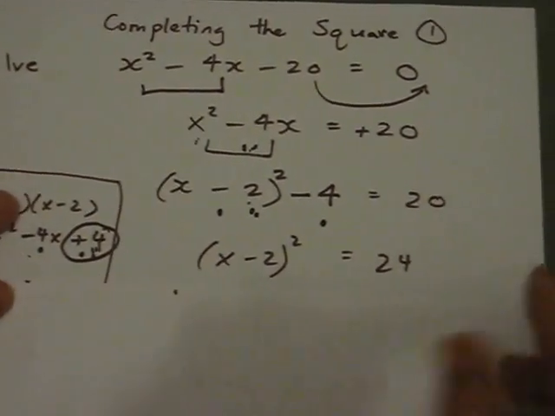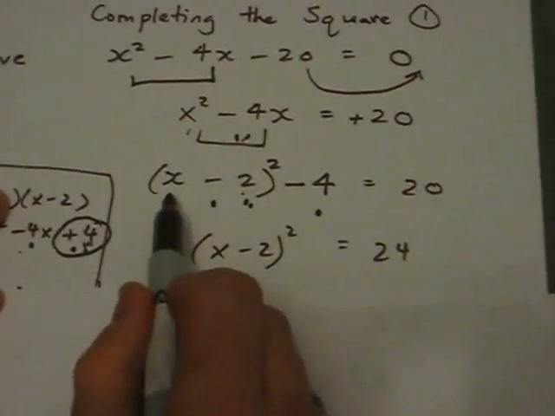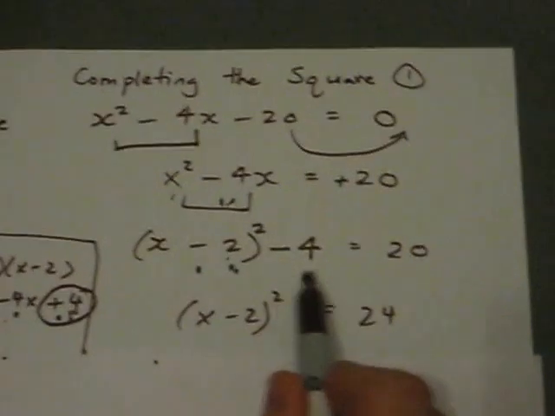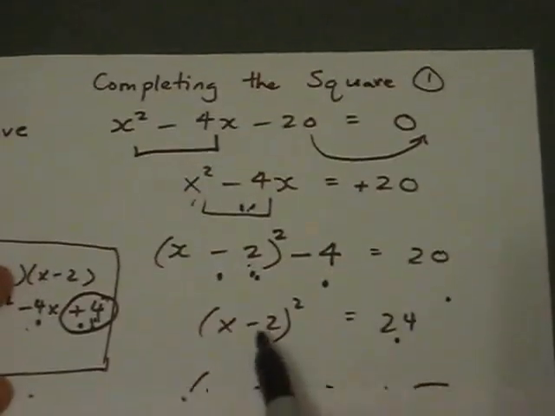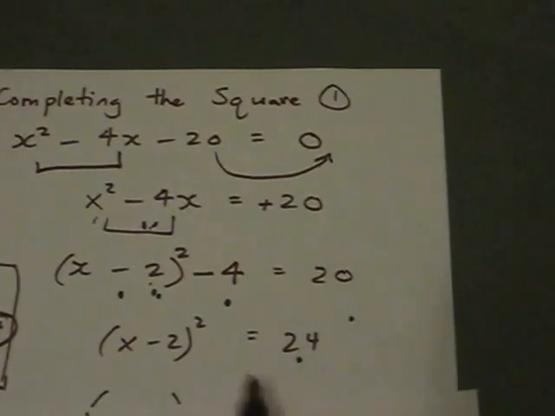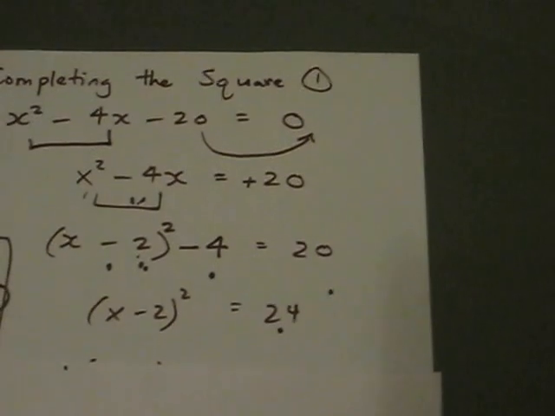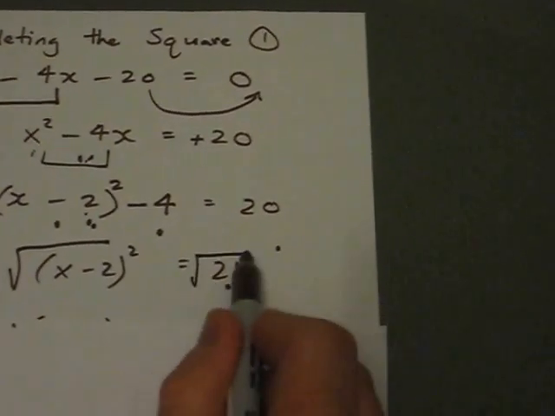So now I'm just going to solve this like a regular equation, because I've got a single x I can isolate. So I move the 4 to the other side, so that's 24. I've got x minus 2 squared in brackets. Just solve this like a regular equation now. You want to cancel that square, so square root that, square root that.